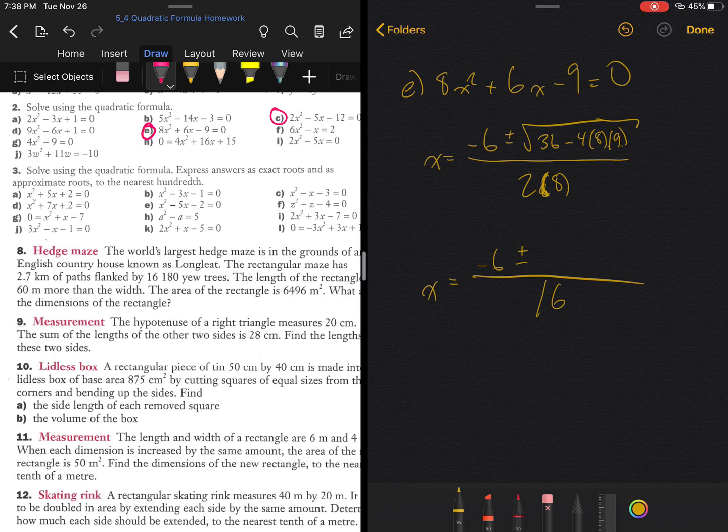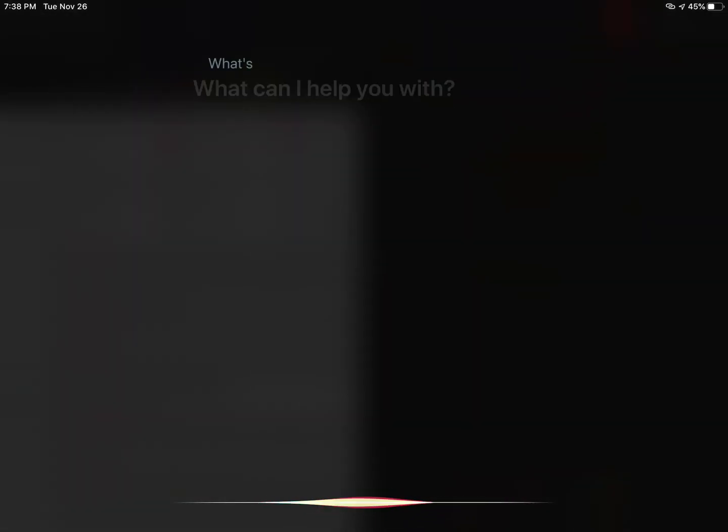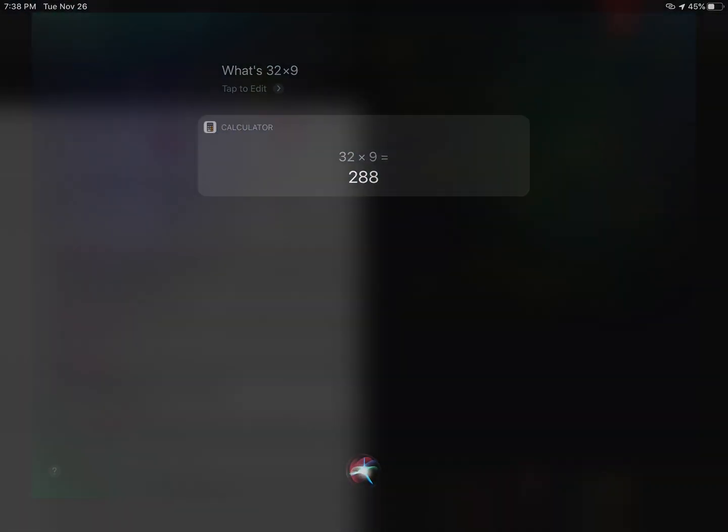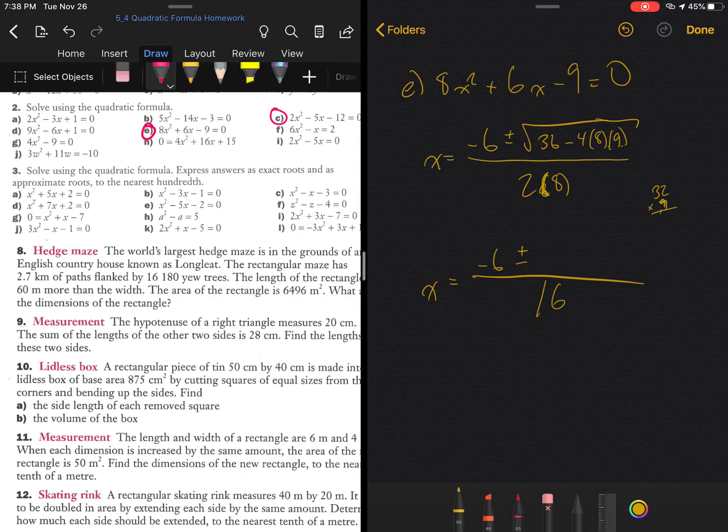Plus or minus. What's 8 times 4 times 9? Well, that's just equal to 8 times 4 is 32, times 9, 288.